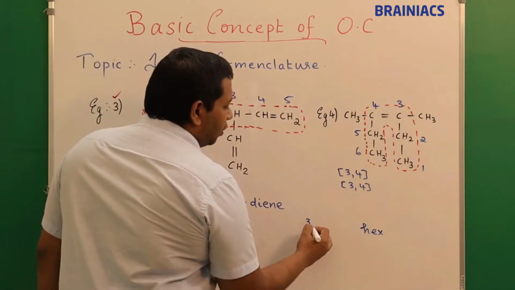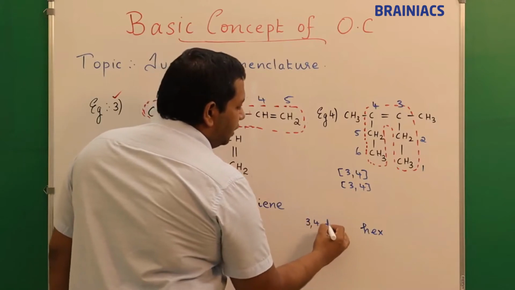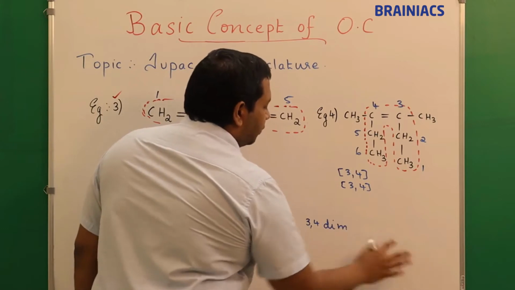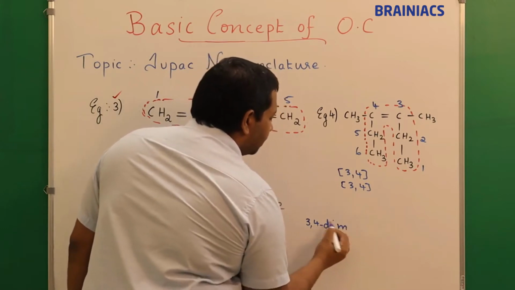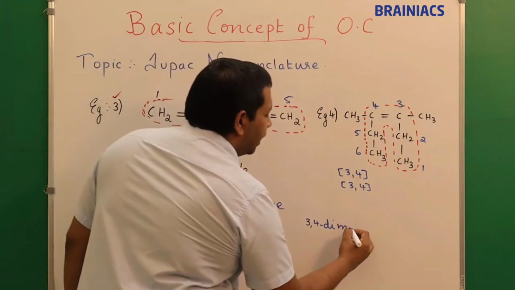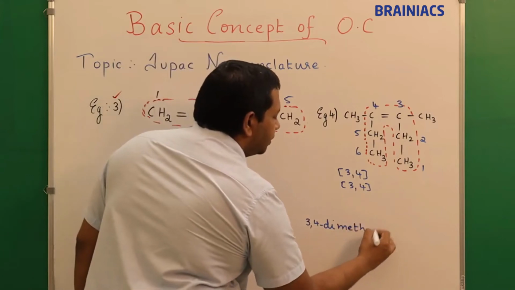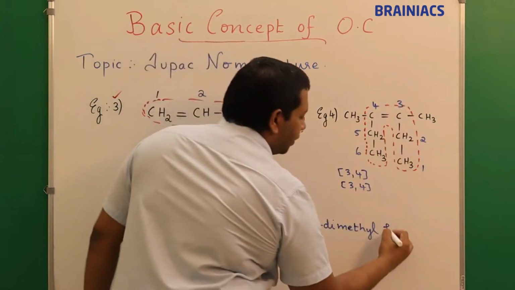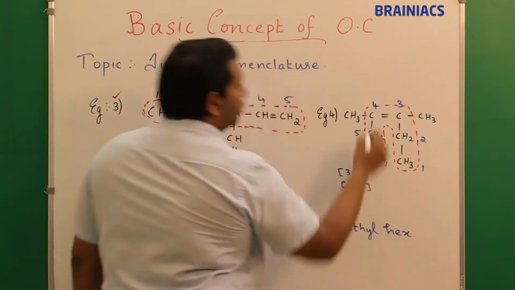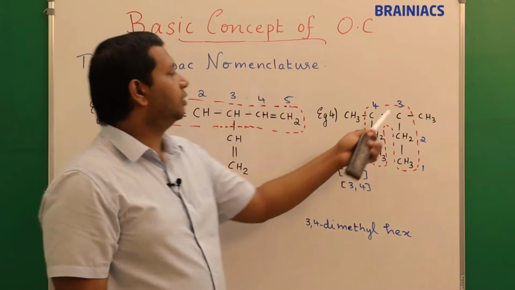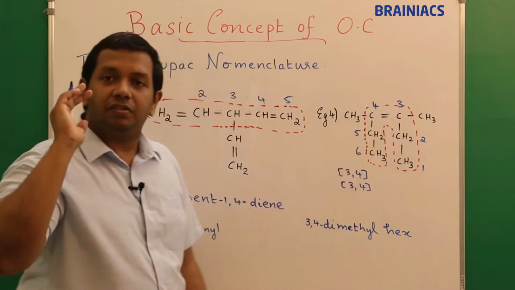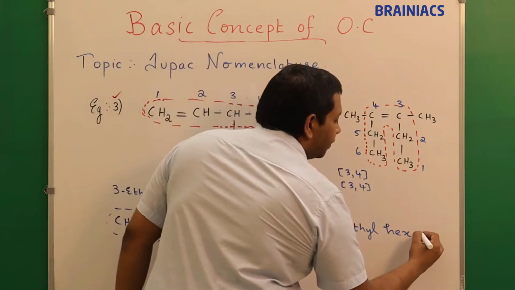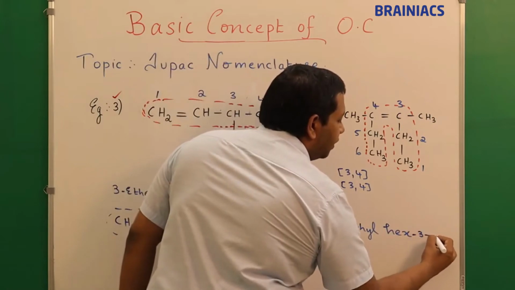Tell me, 3, 4 dimethyl. So I should put hyphen 3, 4 hyphen dimethyl. Okay. Then parent carbon chain has 6 carbon atoms. So hex. Now double bond is there. At what position is the double bond? Between 3 and 4. The minimum number is 3. So I can say hex hyphen 3 hyphen ene.